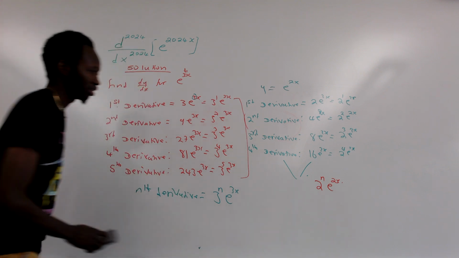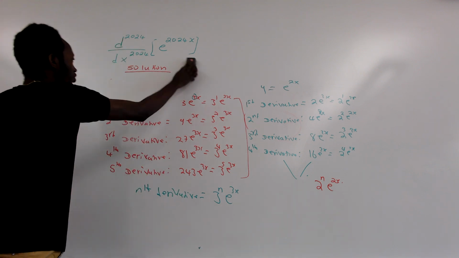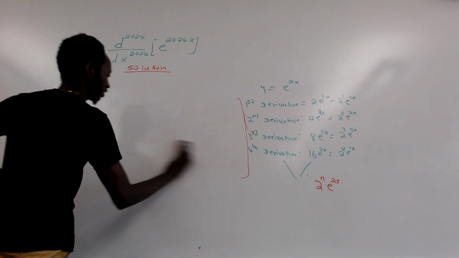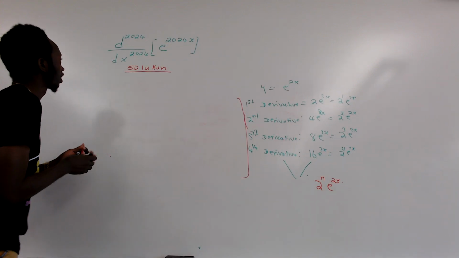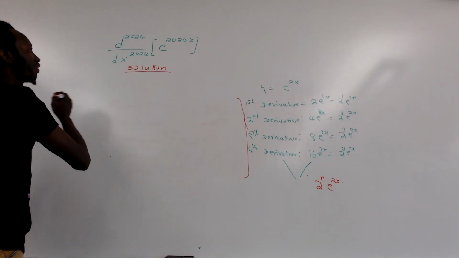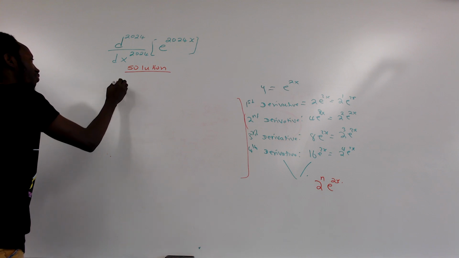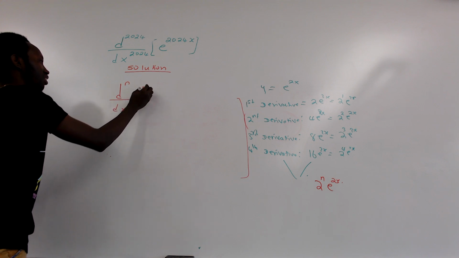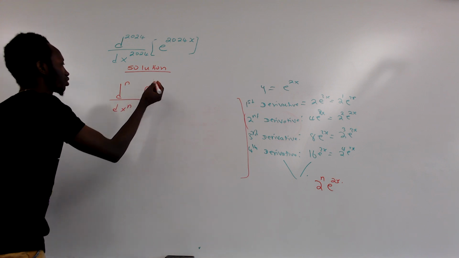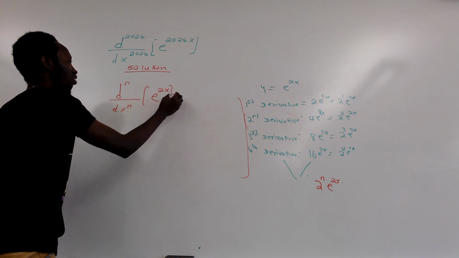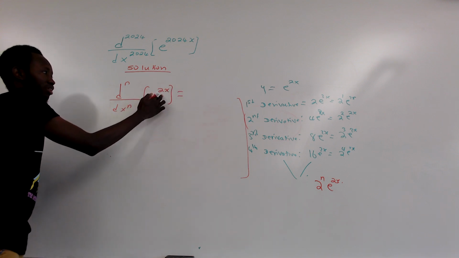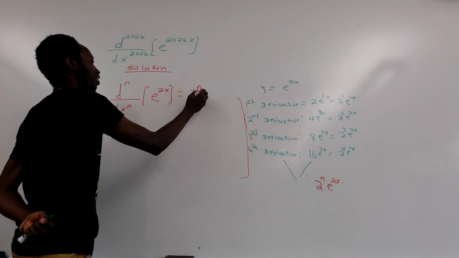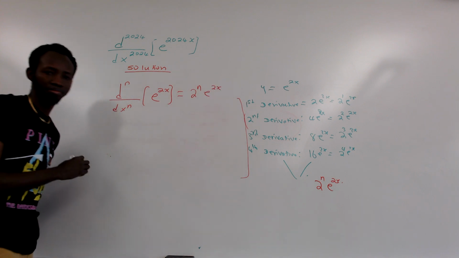So if this is clear, let's relate it to the nth derivative. The nth derivative d^n/dx^n of e raised to the power 2x, since it is the nth derivative and we have 2, is going to be 2 raised to power n e raised to power 2x. This is it.